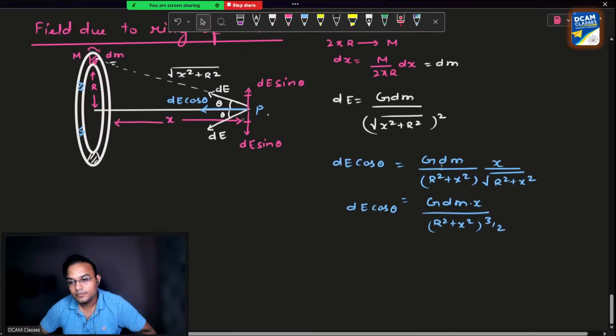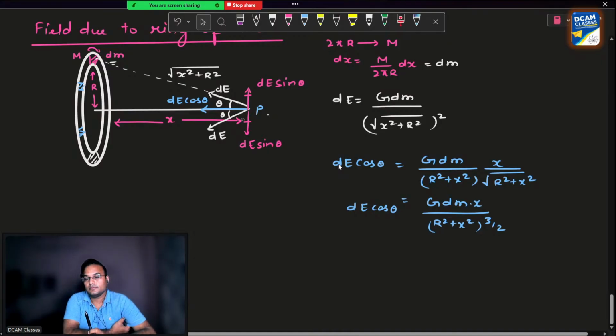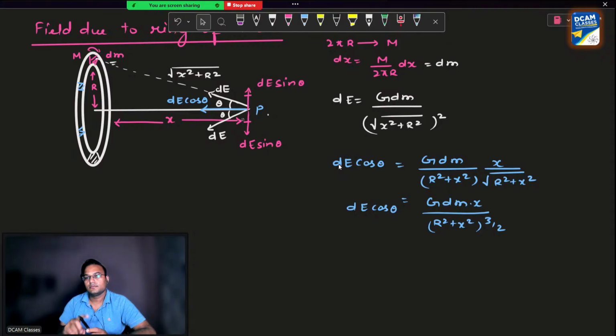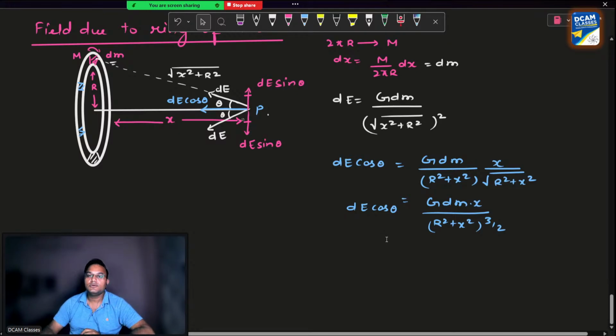Sir, if we have such kind of question in maybe JEE Advanced, then is it better to derive from the start? No, it depends actually, Diva. If the question can be solved just by applying the formula, you can use the formula only.